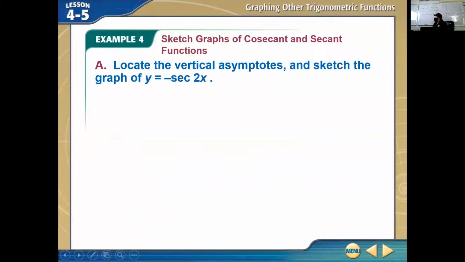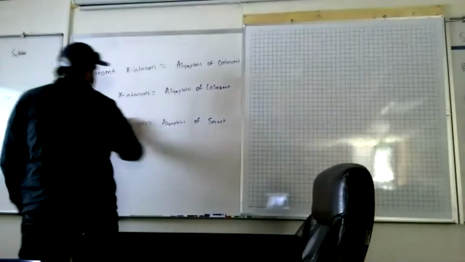Okay, so locate the vertical asymptotes and sketch the graph of y equals the negative secant of 2x. Okay, and I'm going to treat this exactly like I'm graphing a cosine.